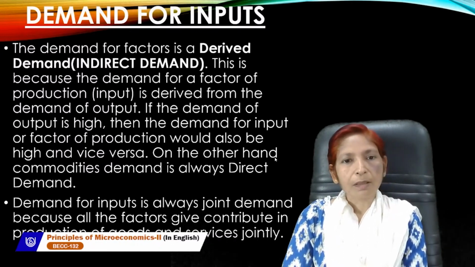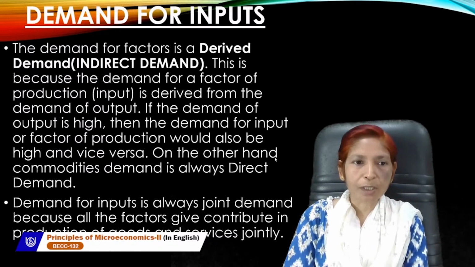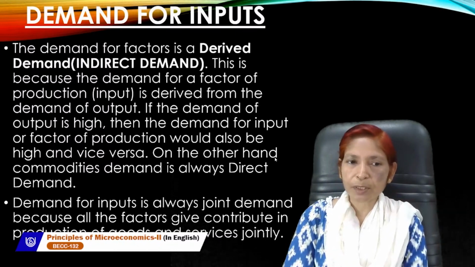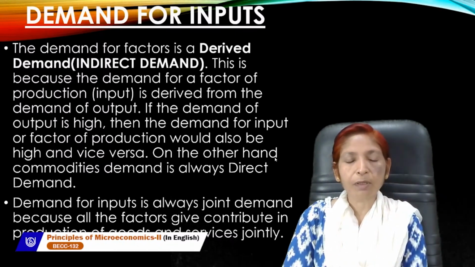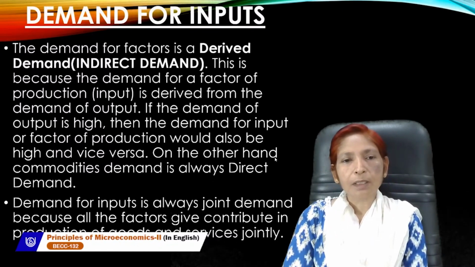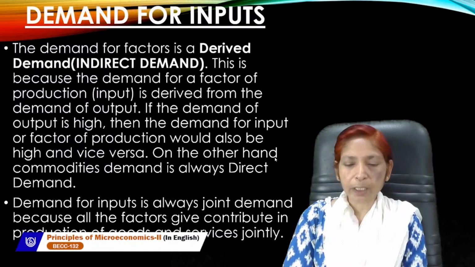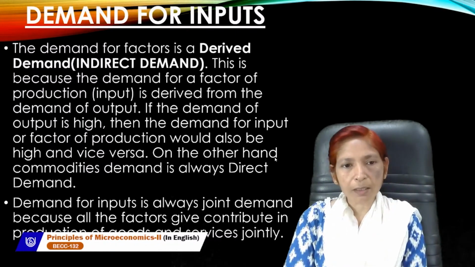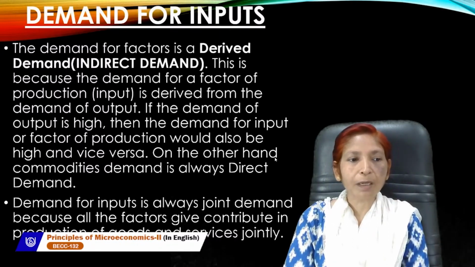This is because the demand for a factor of production is derived from the demand for output. The producer wants to produce goods and services, that's why the producer needs inputs. When the demand for anything occurs due to the production of another commodity, that is called derived or indirect demand. If the demand for output is high, then the demand for input will also be high.